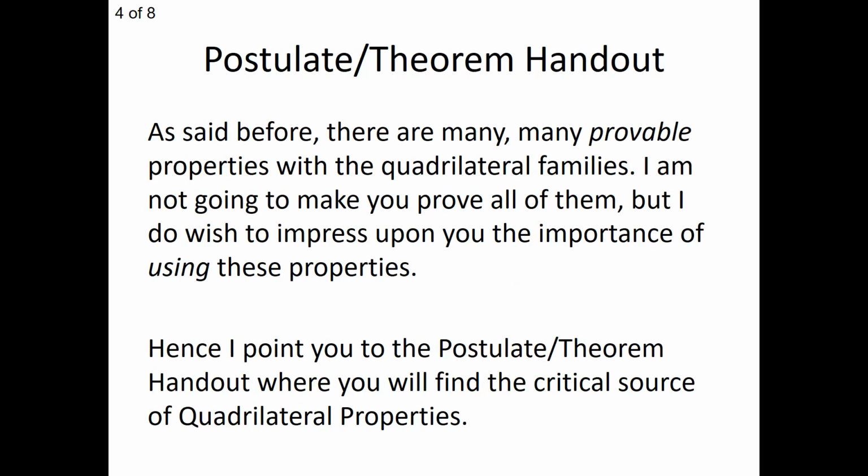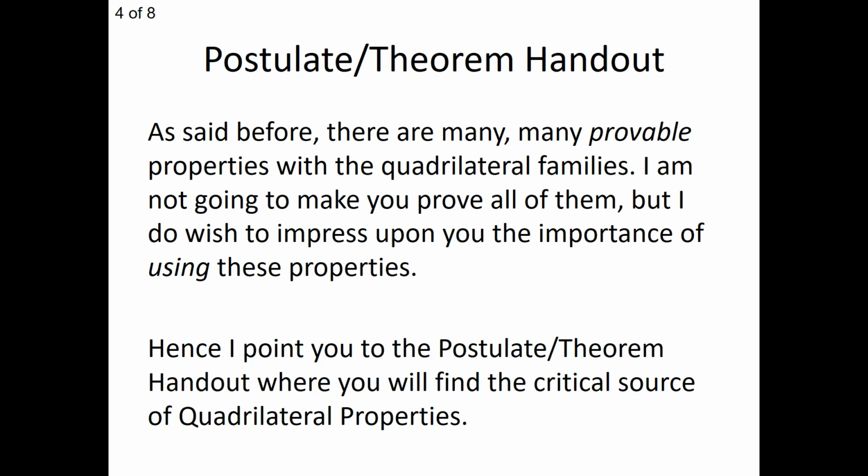However, on the Postulate Theorem handout, what we typically call the Postulate page, you're going to find in the Chapter 6 section all the properties that are provable about these family members, about the parallelograms and the kites and the trapezoids. So I want to impress upon you the importance of knowing these properties.